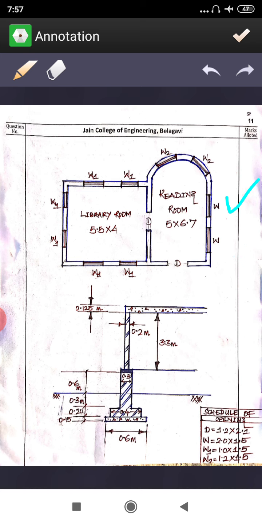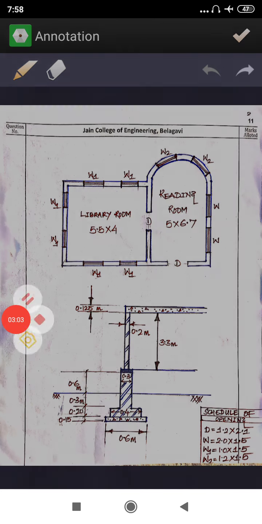Then W1, six numbers of W1 are there, and the size of W1 is 1 meter into 1.5 meter. Then two numbers of W2, the size is 1.2 into 1.5 meter.